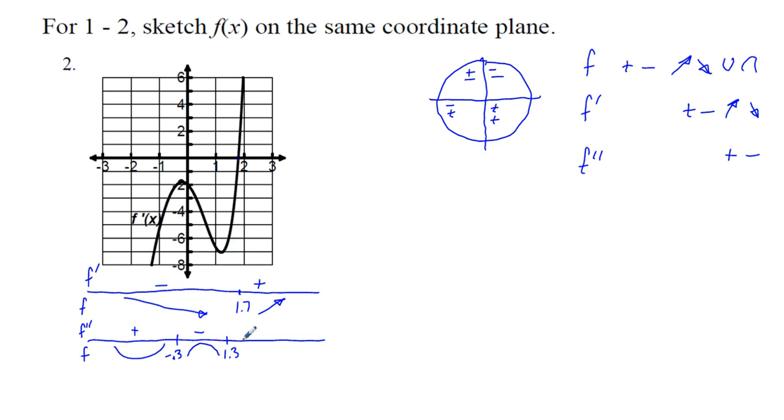And then finally, to the right of 1.3, we have f prime increasing, so we're going to be concave up on this interval. And it looks like we're going to be decreasing for a big range of this function, all the way from the left to 1.7.